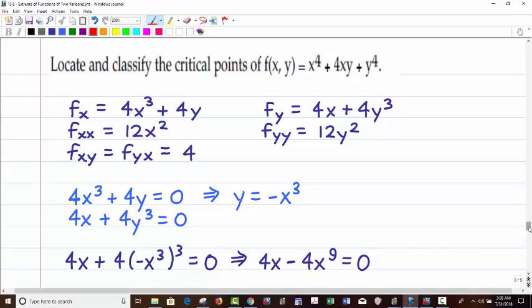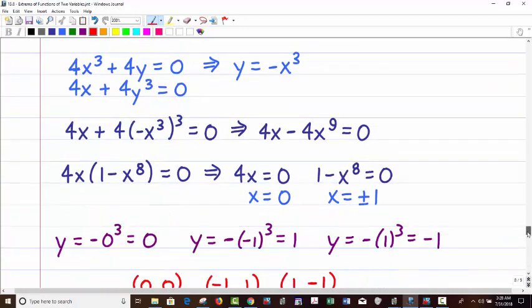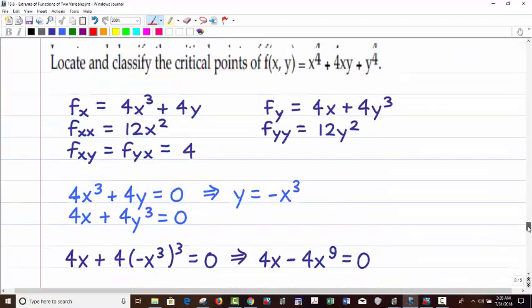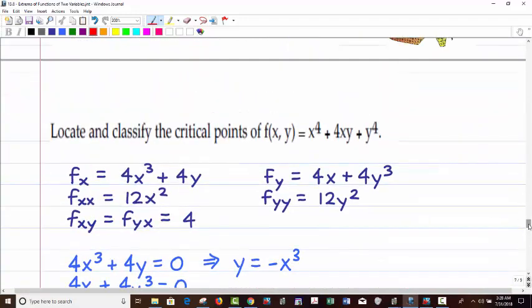This question is only asking for the critical points. I didn't even realize that till just now, which is fine, but then I want to use the second partials test along with it. So we'll just pretend like it says use the second partials test.